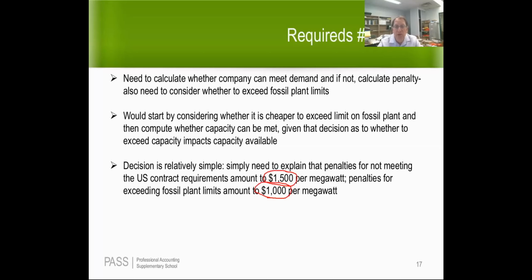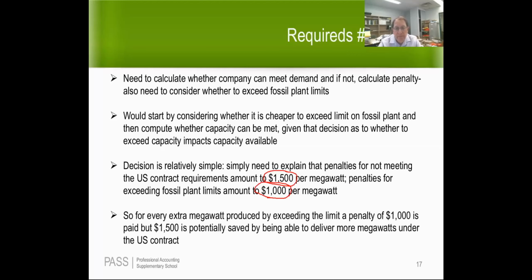So which one would you rather do? I think I'd rather exceed the fossil plant limits. Cheaper, $1,000 per megawatt. That's better. Limit the penalty. The 1,500, right, is higher.